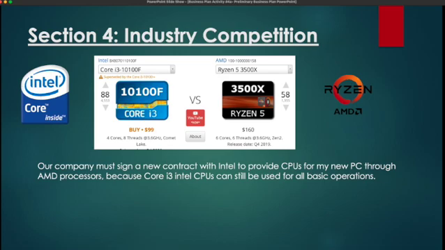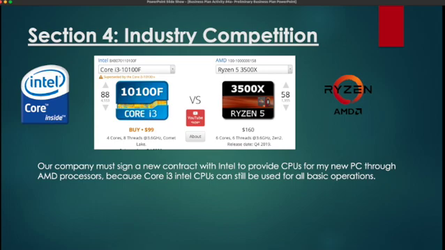For processors, right now, Intel and Ryzen are leading the market regarding computer CPUs. Intel used to be the only competitor leading the market, and since around 2018 until today, AMD launched their new series of CPUs called Ryzen.